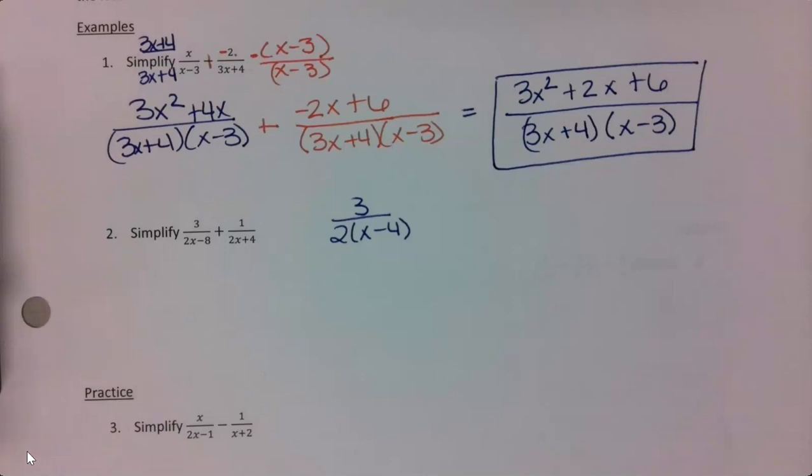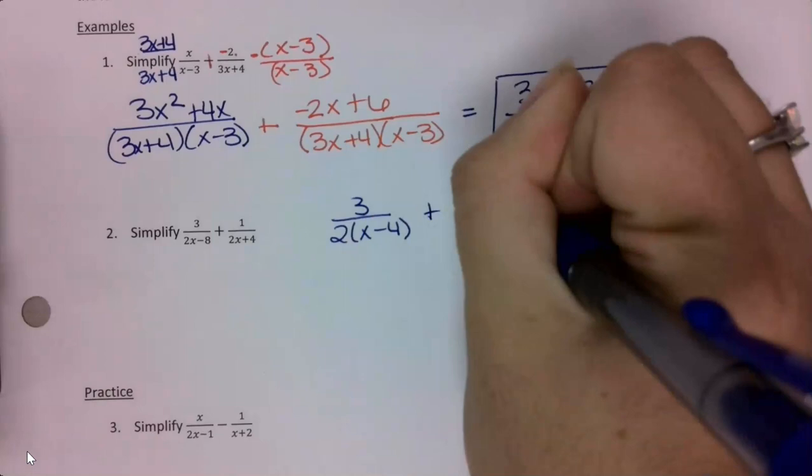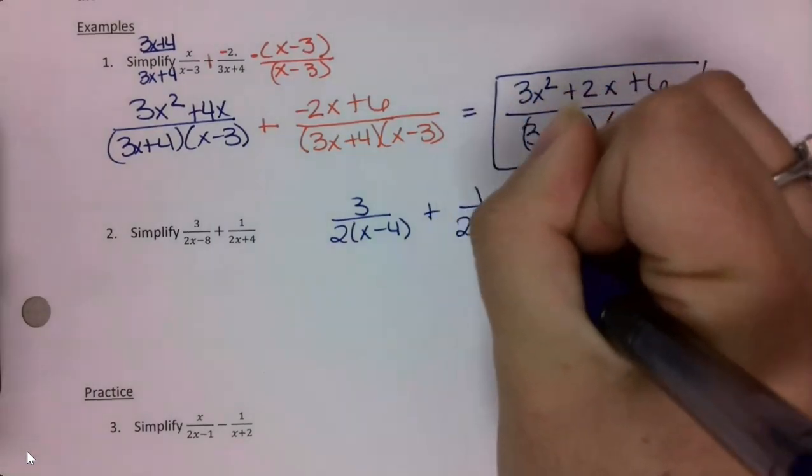Okay. Then on my second term, I also can pull out a 2 from my denominator. So I'm going to have 2x plus 2.